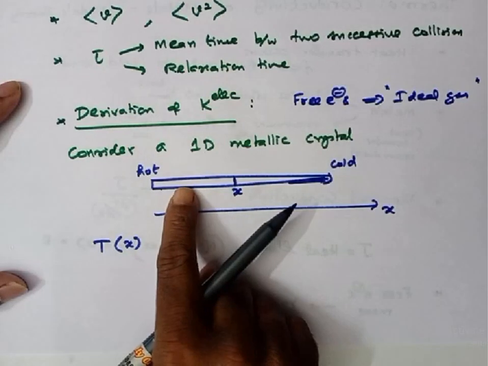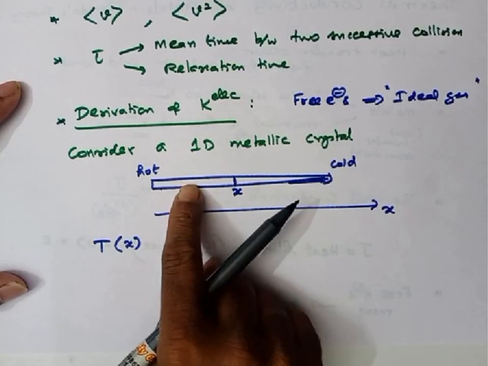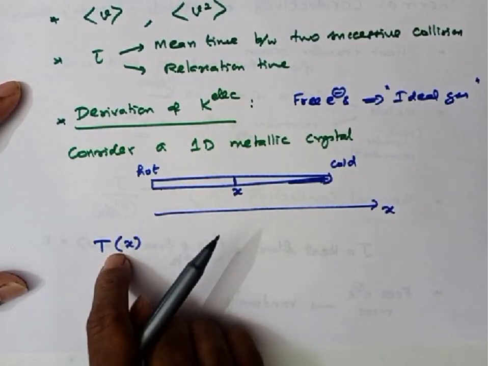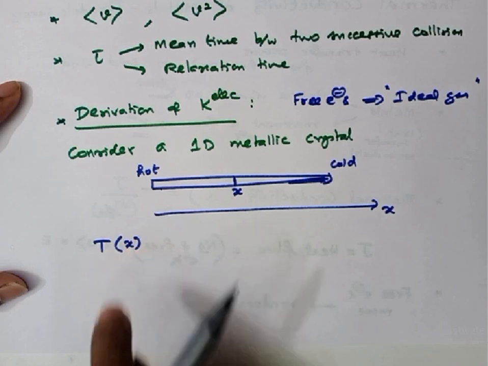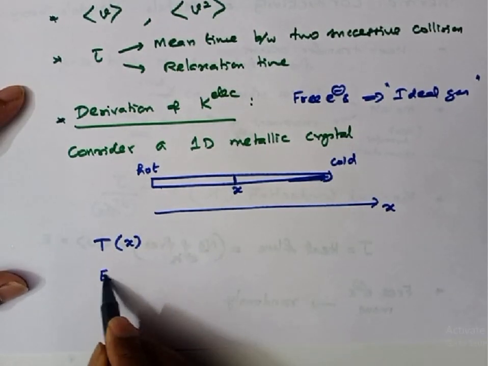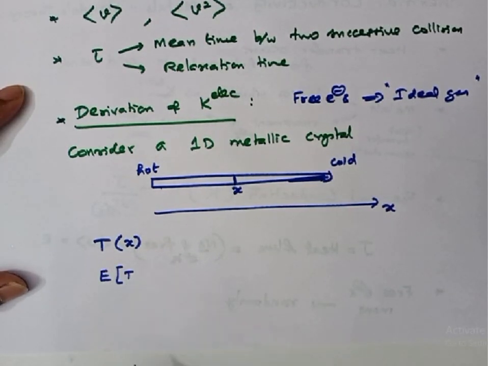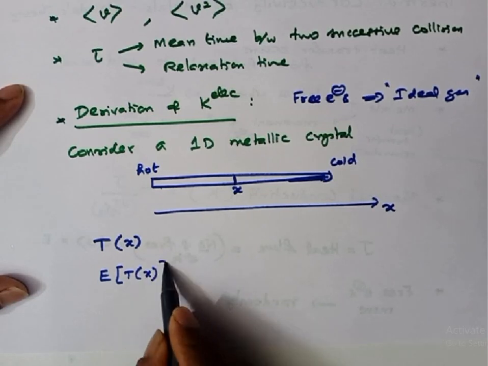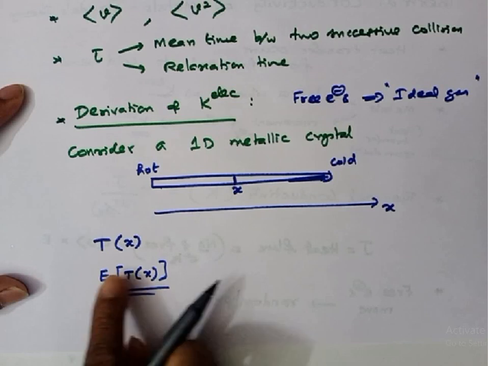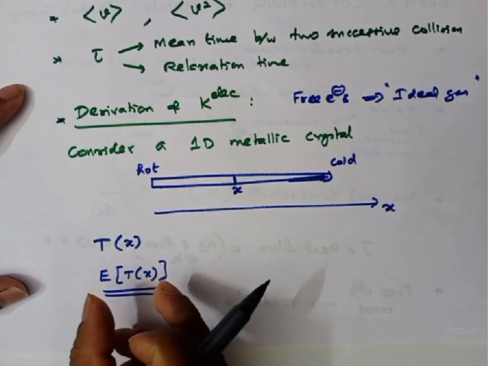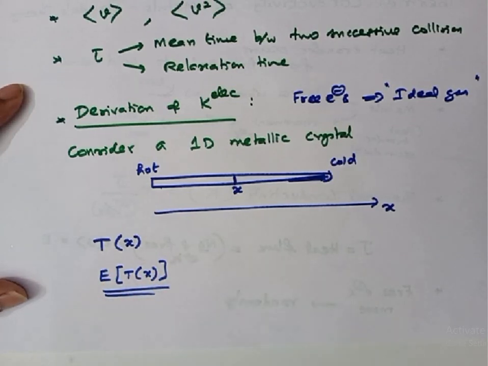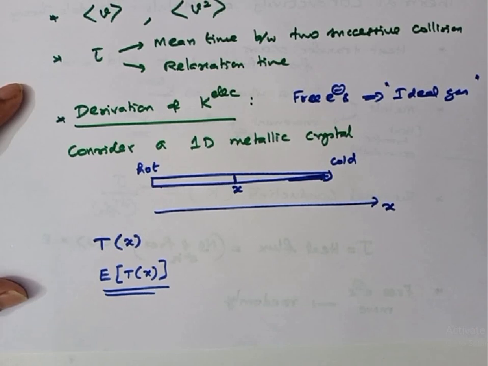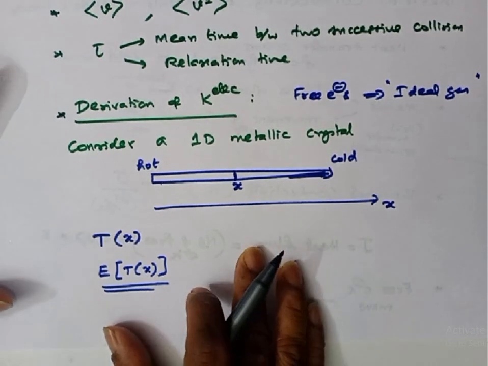So the energy of the free electron depends on temperature, and temperature depends on position. So this is the usual way of representing the energy of a free electron. Clear?